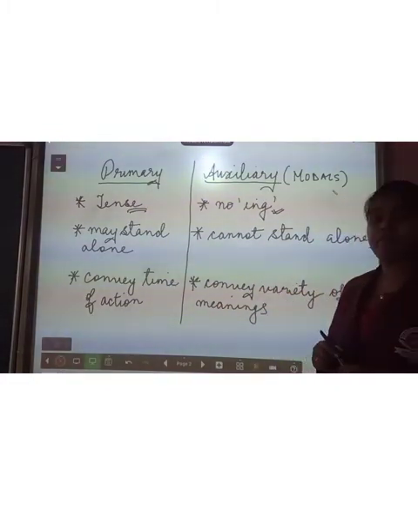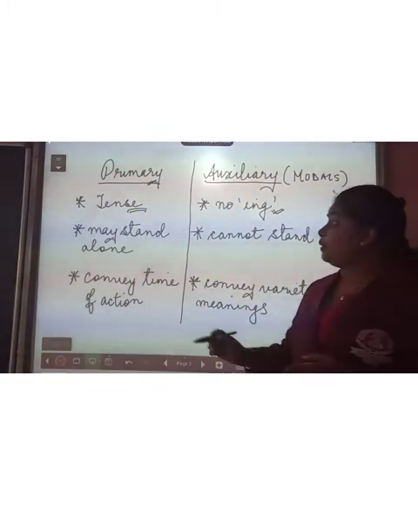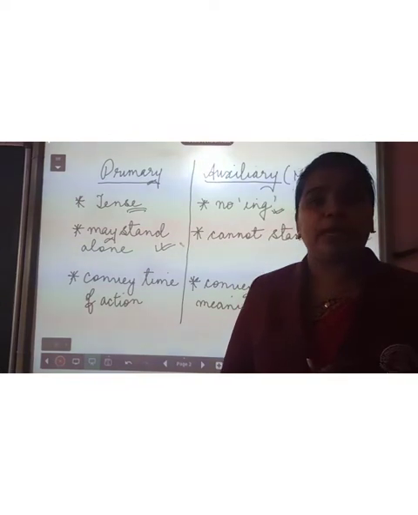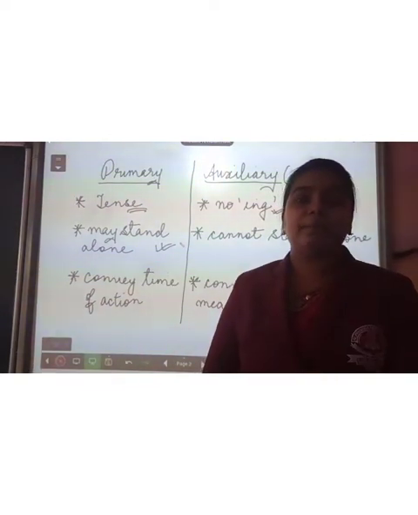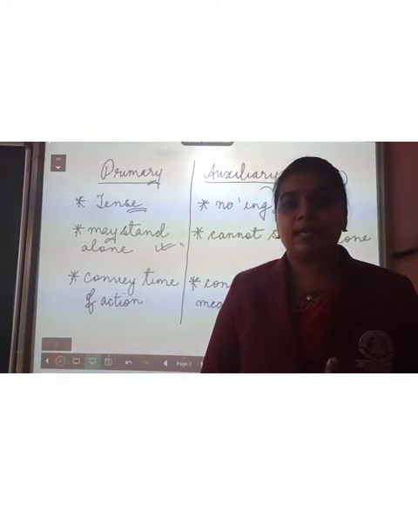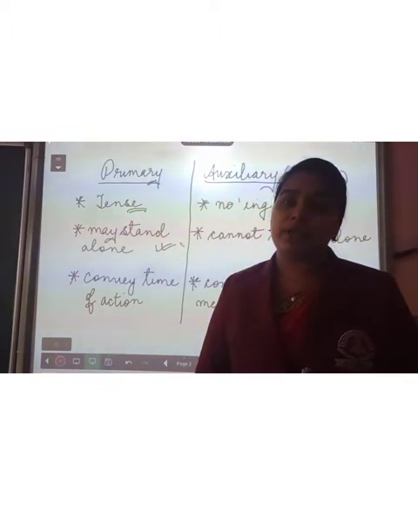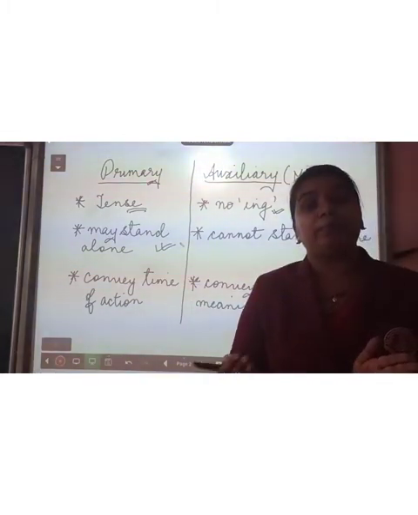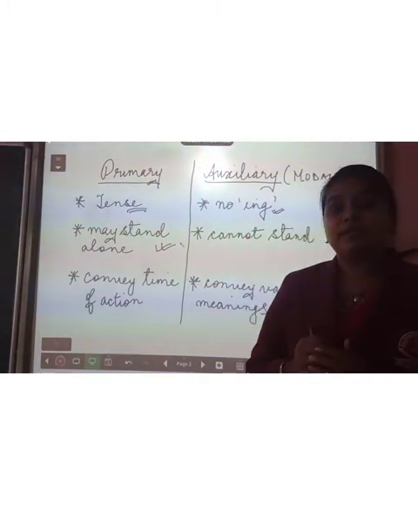Next, you have to keep in mind that primary verbs may stand alone. As I told you, for example, he is good. This is a complete sentence in itself. If I ask you what the verb is here, you will say is, which is my primary auxiliary verb. So they may stand alone; they don't need the support of a main verb to give their meaning.